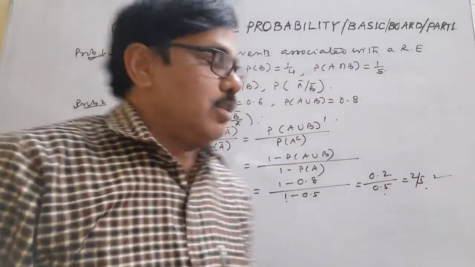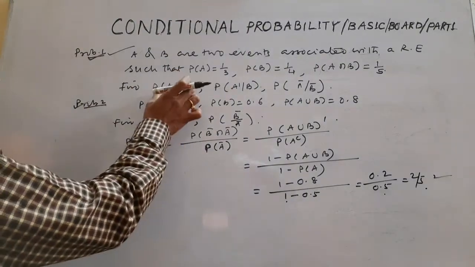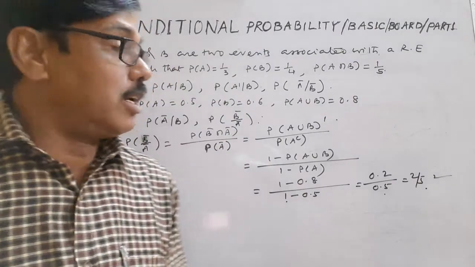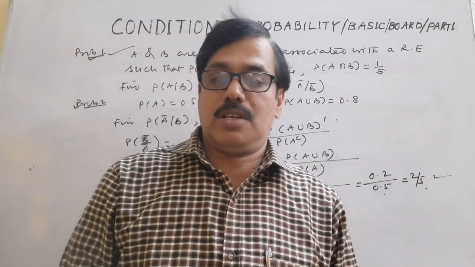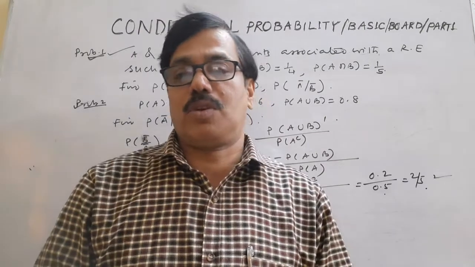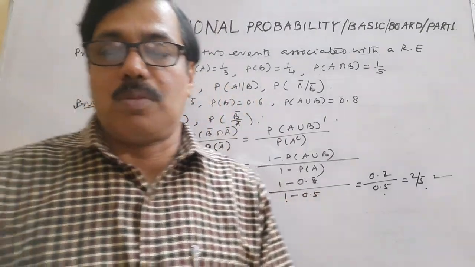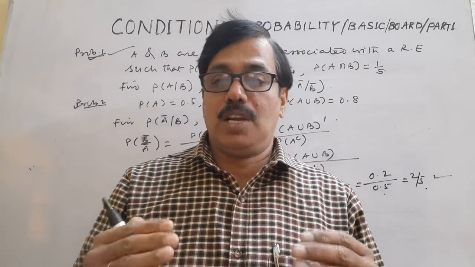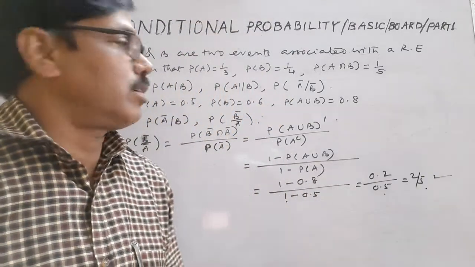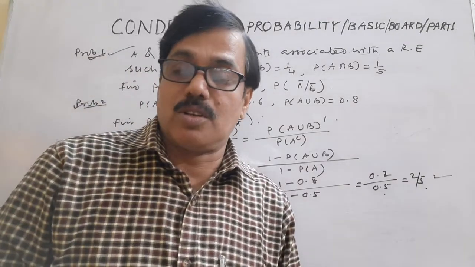So we use the definition of conditional probability, and we also need the idea of sets. This is most important for solving probability problems. You need the idea of the distributive law, associative law, and De Morgan's law.